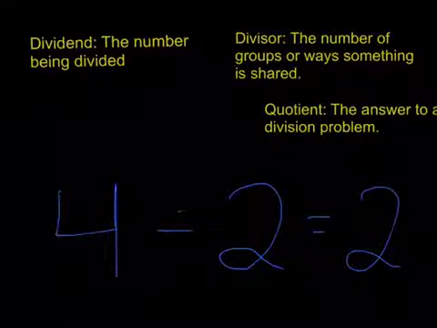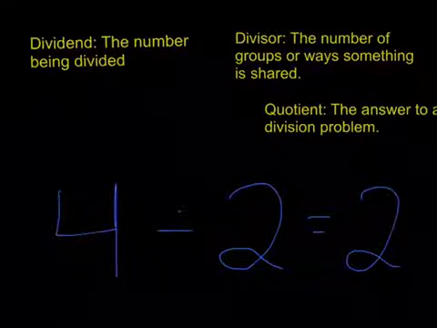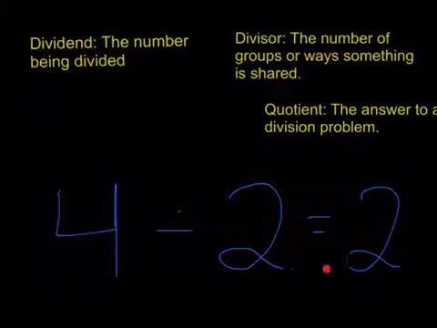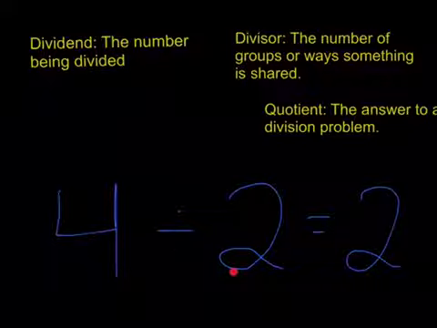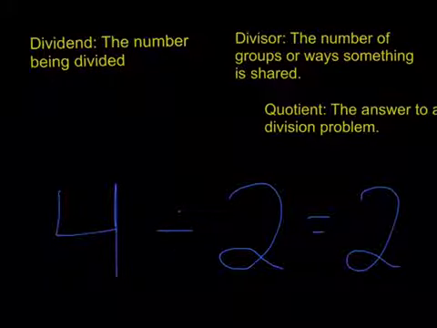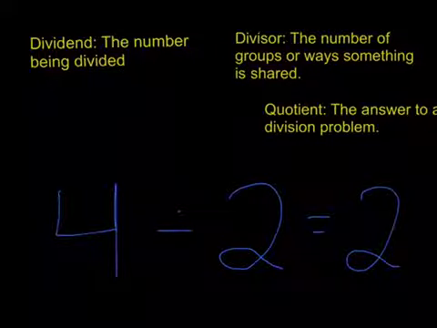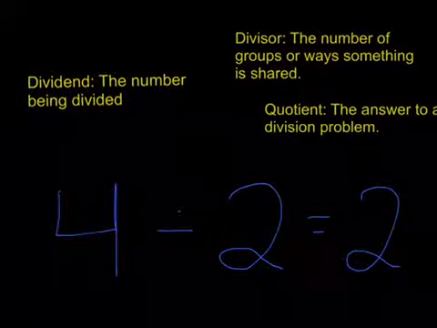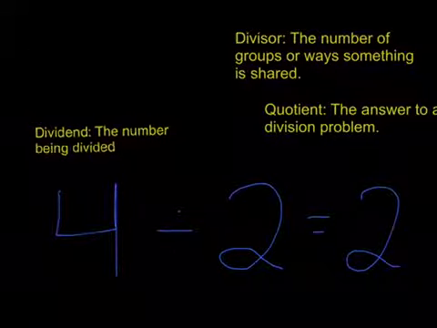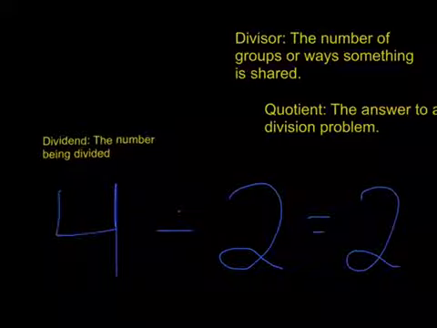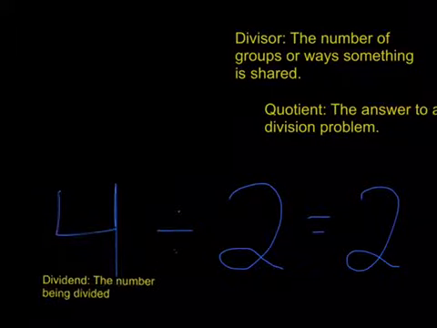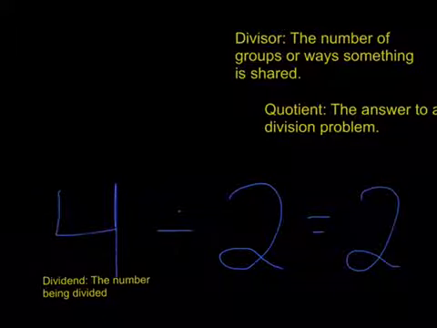Now when we're talking about division, there is some vocabulary we need to know. When you look at this problem, 4 divided by 2 equals 2, that's what we just did with our baseballs. We took our 4 baseballs, we divided them into 2 equal groups, and we had 2 in each group. This first number here we call our dividend. It's the number being divided. So there were 4 baseballs that were being divided. That's our dividend.